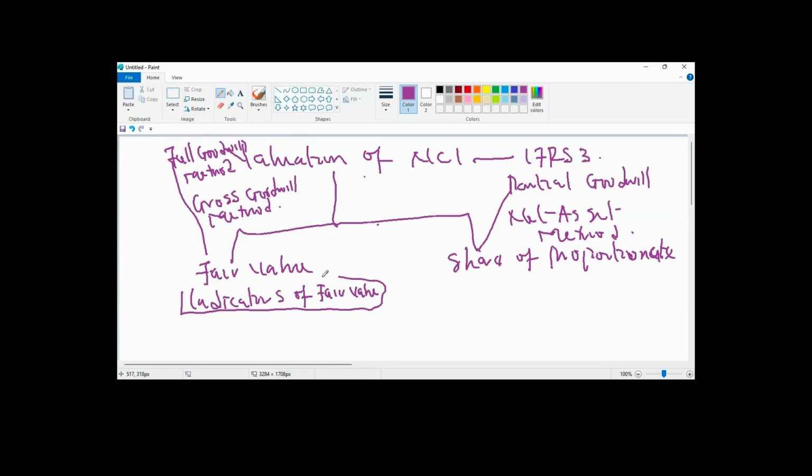Indicators of fair value. What am I going to see in a question that will show me I am to use fair value? One, market price per share of subsidiary or NCI will be given in the question.